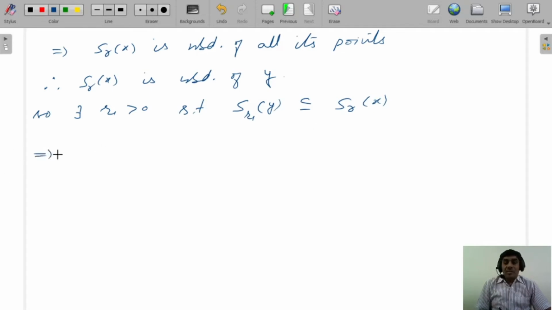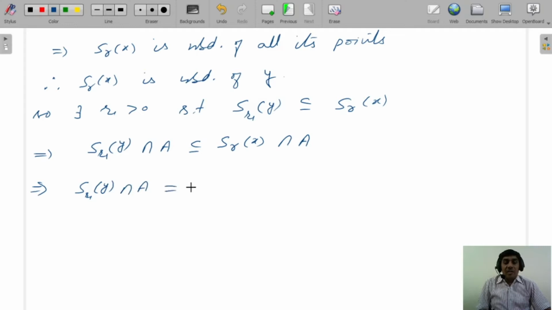This implies the sphere centered at y with radius r1 intersect A is contained in the sphere centered at x with radius r intersect A. This implies the sphere centered at y with radius r1 intersect A is equal to phi, because S_r(x) intersect A is equal to phi.